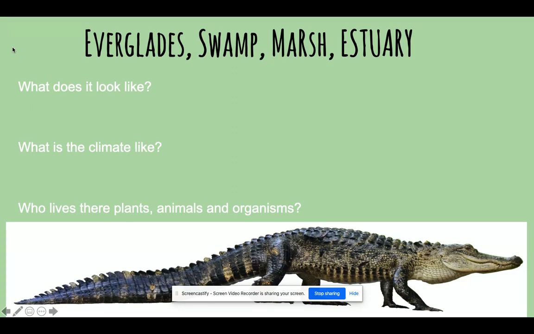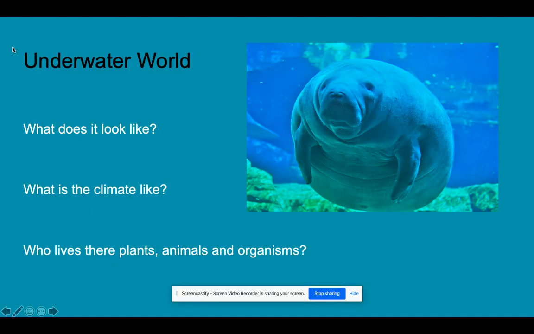So the Everglades kind of go with your swamp, marsh, estuary, and you'll see your alligators and crocodiles there. I've talked about before, the biggest part of the Everglades is down in southern Florida, near the Miami border. It's a huge region of swamp and marsh where you'll see these alligators living in their natural habitat.